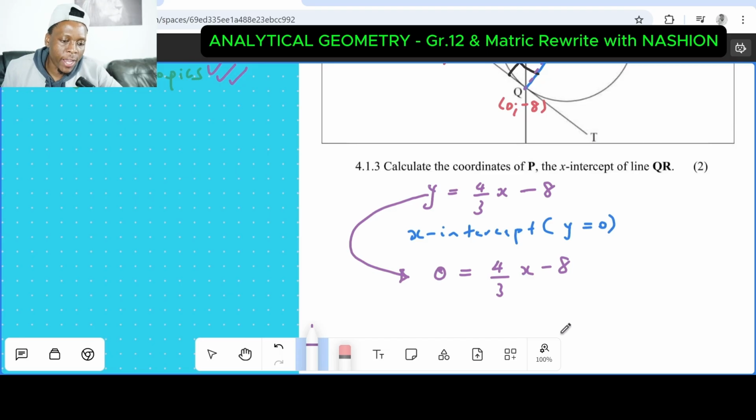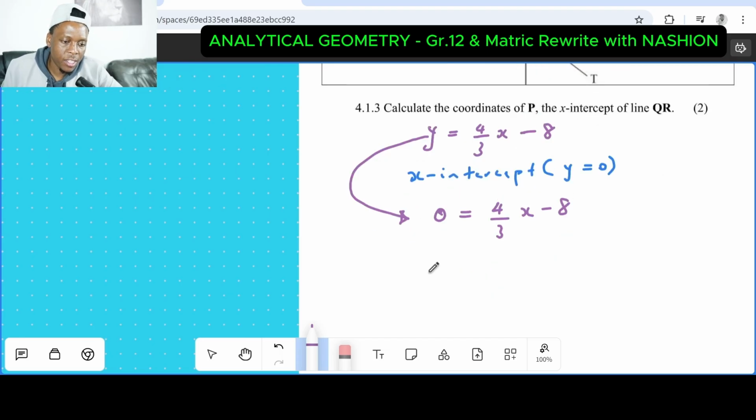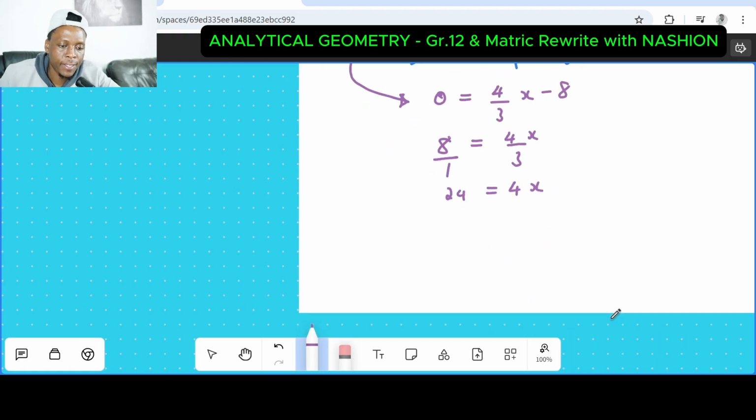Let's do it. Where there is Y, we're going to put 0. Then solve for X. -8 will go to the left and become +8. 4/3 X. You can either divide both sides by 4/3 or you can just cross multiply. Let me just cross multiply. 8 times 3, that's 24, is equal to 4x.